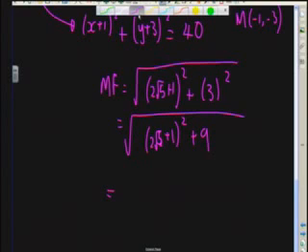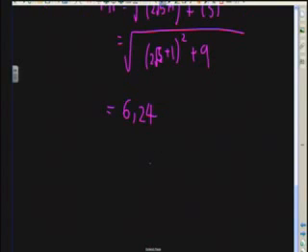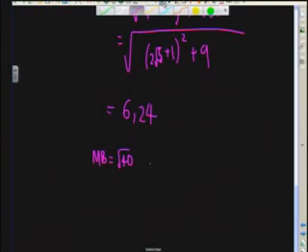So MF is 6.24. Now remember, we've worked out that the radius was the square root of 40. So all we simply have to do is go back to the calculator and ask, what is the square root of 40 in decimal terms? And we get 6.32.